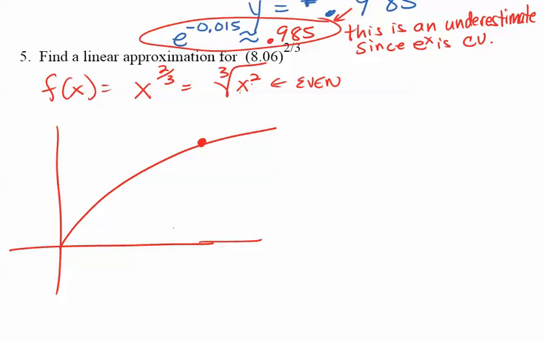So we're interested in the place where the x-coordinate is 8.06. And I definitely do not know the cube root of that number squared. But right next door to it, if I do 8, I can do the cube root of 64, or I could do it in the other order.